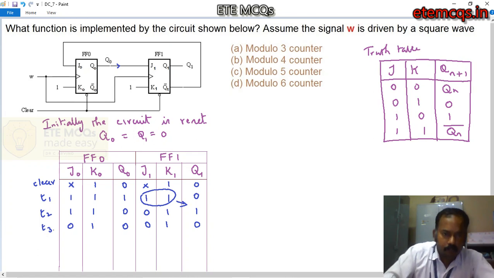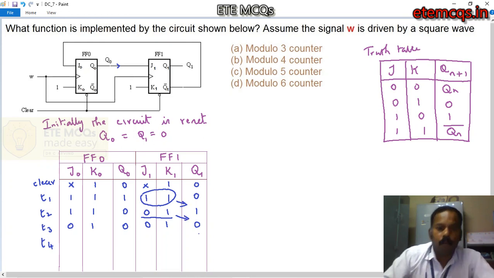Now again, what is T4? At T4, again, the point is this particular reflection happens here. Now, when Q1 is 0, Q1 bar is 1. So 1 for J0 and 1 for K0. The present state toggles, so you get a 1.